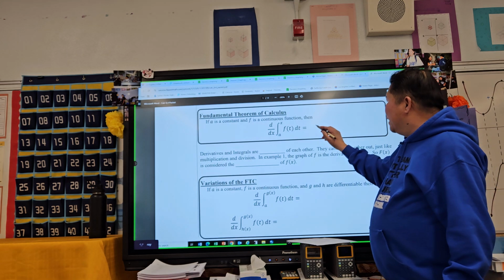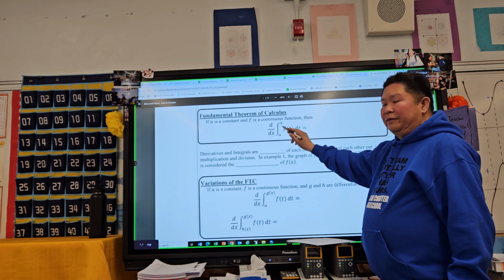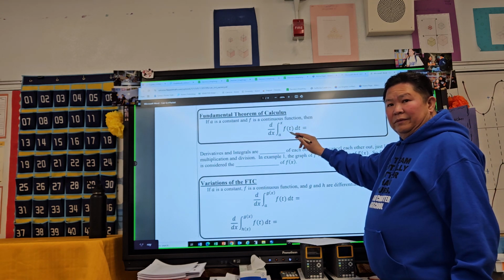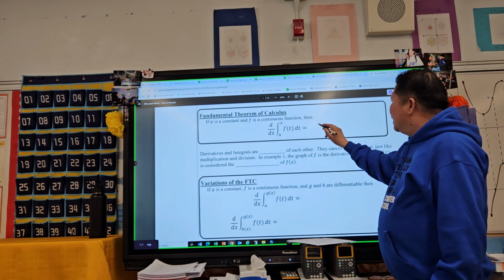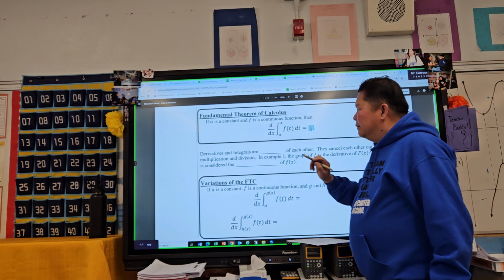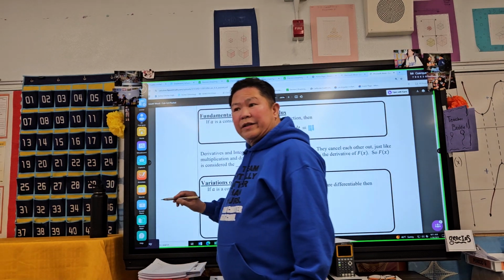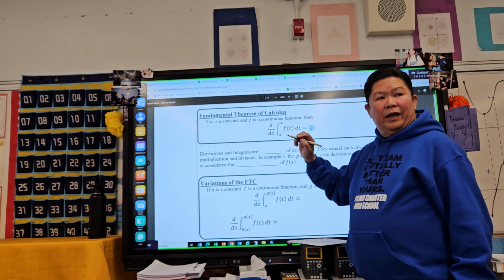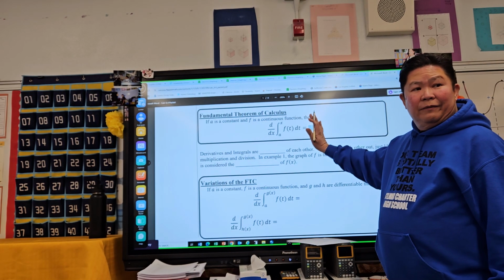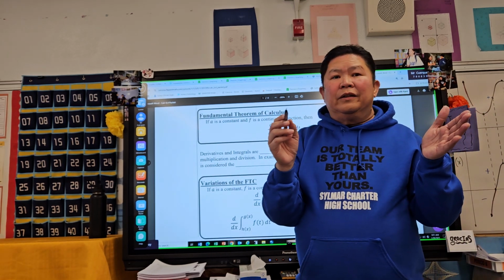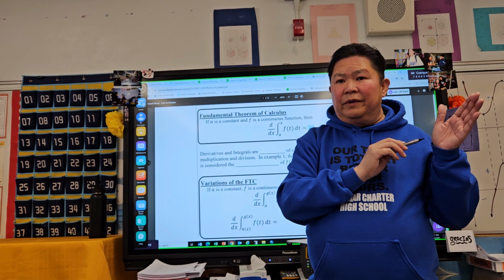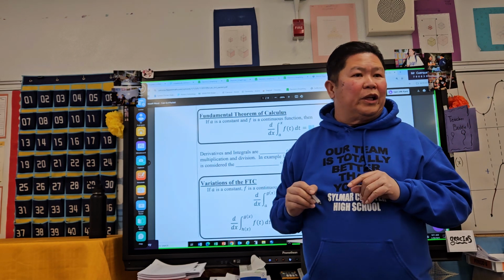That is why it says the derivative of the antiderivative from the interval a to x, f of t dt, is just the function x, right? I wrote this yesterday, right? Now, given a function, if you take the derivative and if you take the antiderivative, what happens?